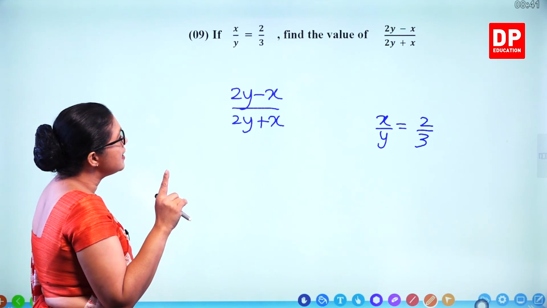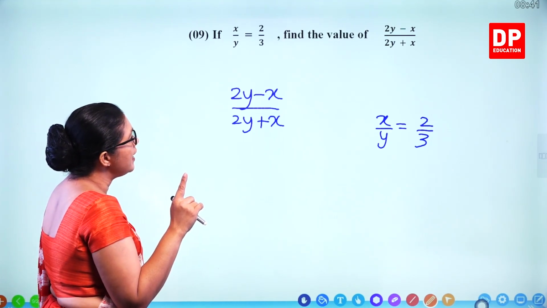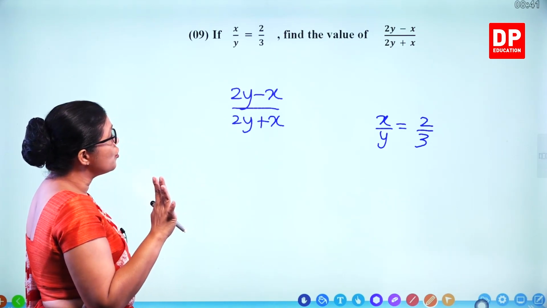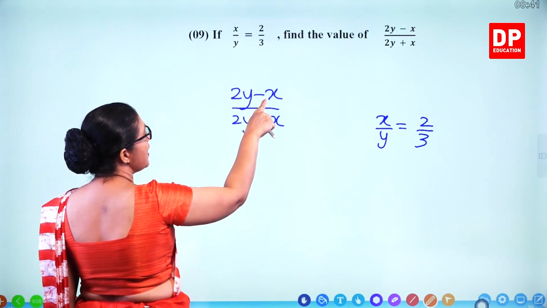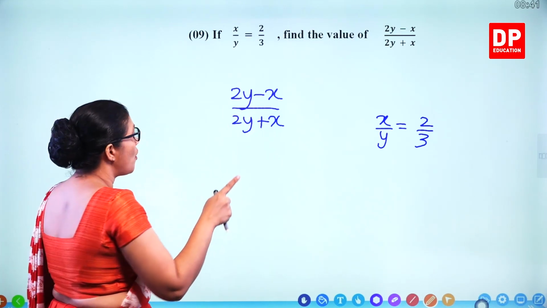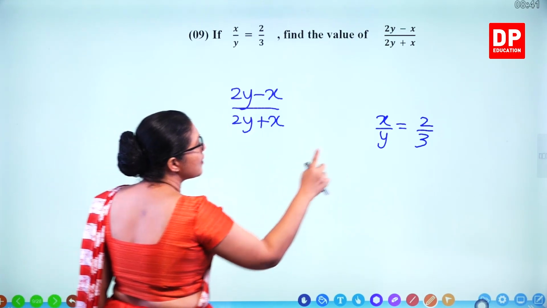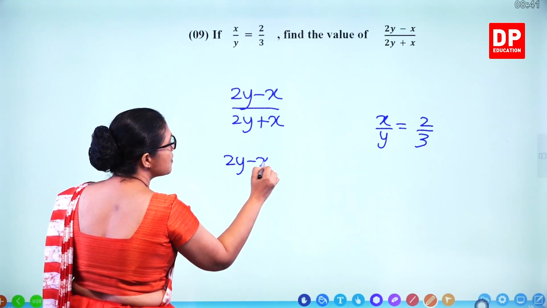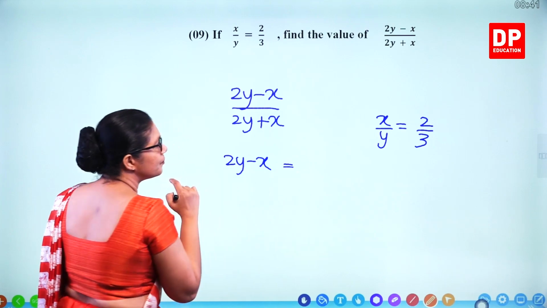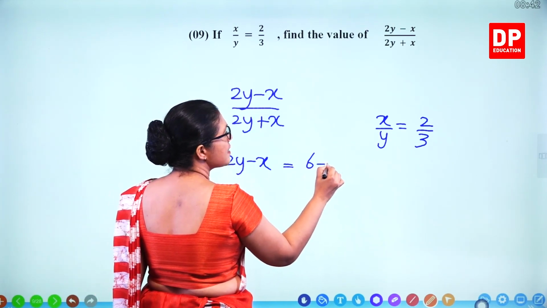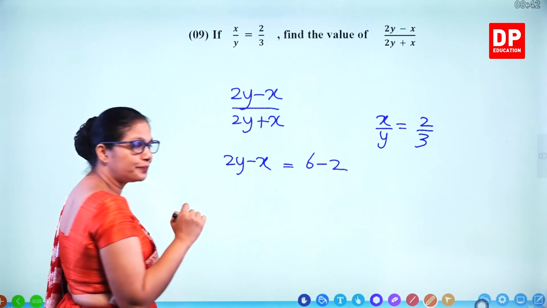So what we need here? We have to rearrange this. First you need 2y minus x, and 2y plus x. So 2y becomes 6. So 2y minus x becomes, what's the value? 2 times 3 is 6, 6 minus 2.